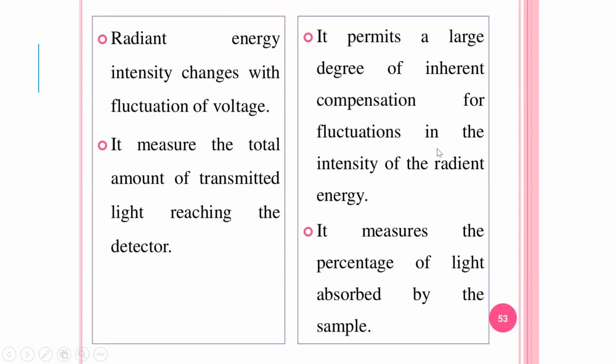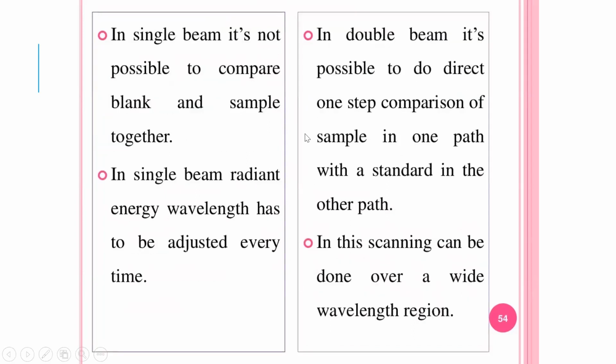Single beam measures the total amount of transmitted light reaching the detector, while double beam measures the percentage of light transmitted or absorbed by the sample. In single beam it is not possible to compare the blank and sample together, whereas here you can do it simultaneously.